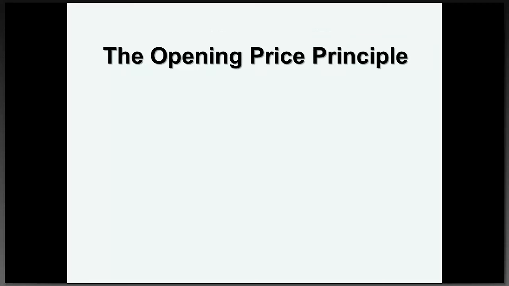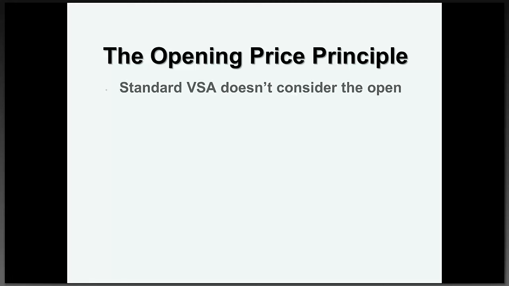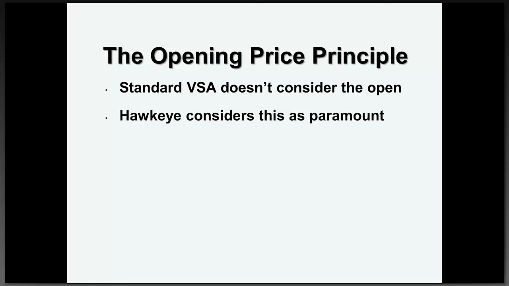And then something hit me, and when it hit me, it's really been a revelation to me on understanding volume, and that's the open price principle. Standard volume spread analysis doesn't consider the open. Hawkeye considers this as paramount, and I'll tell you why. In the old days, the open was not considered.